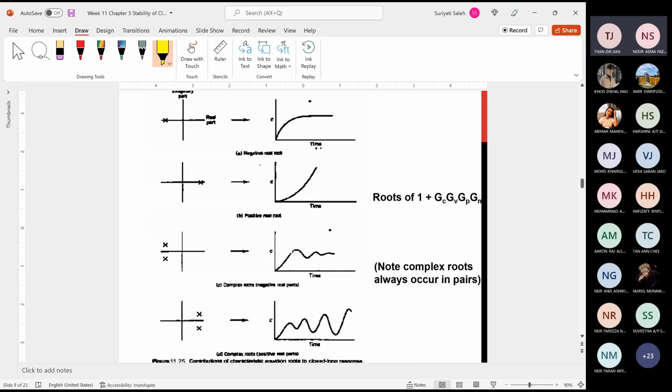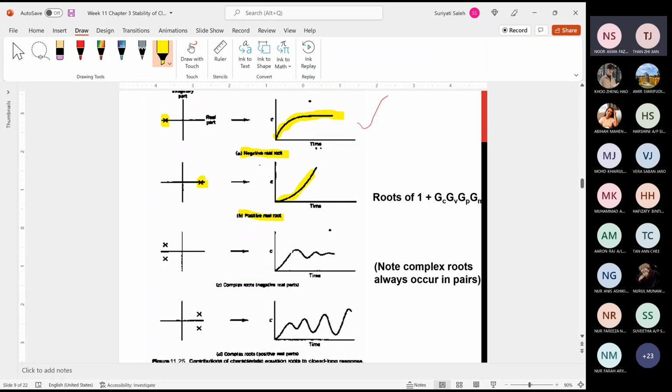This is the potential behavior based on the root. If you have a negative real root, you can see it is located on the left hand side of the axis. It will provide the steady state response, which is considered okay, a stable system. If you have a positive real root, then it is located on the right hand side.